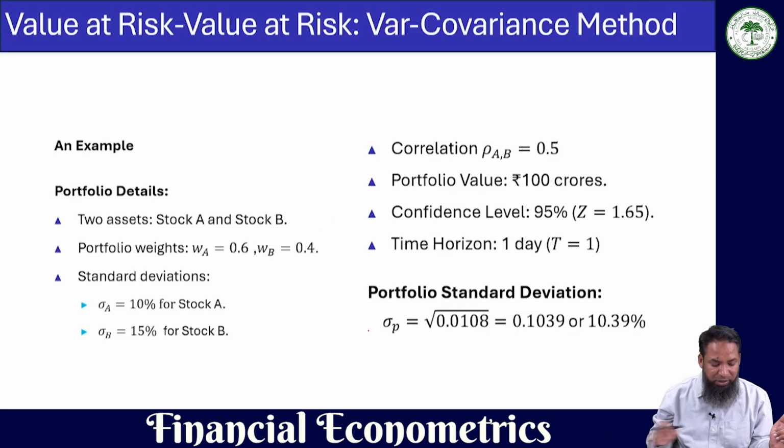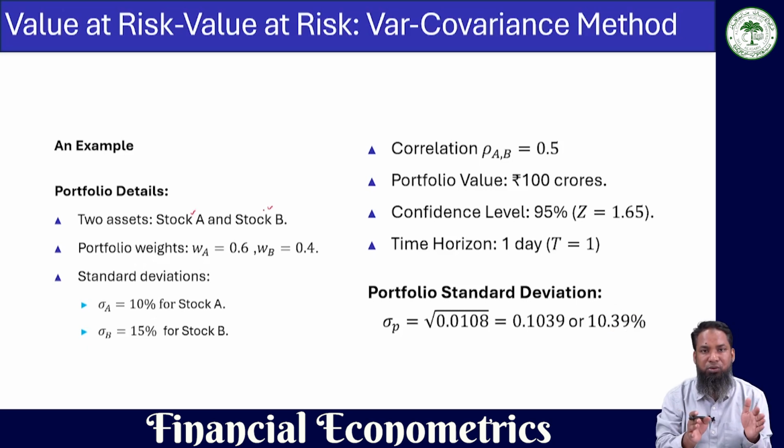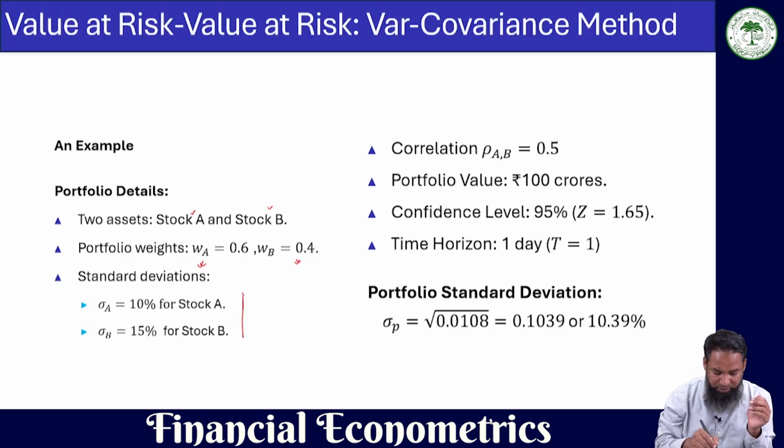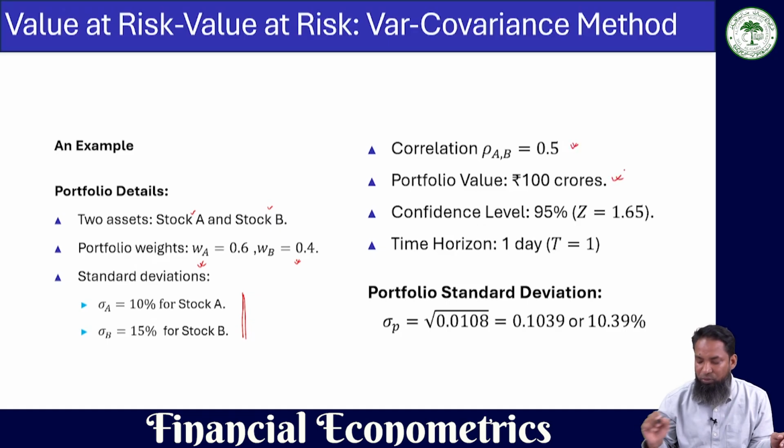For example, let us say we have a portfolio whose details are given. We have two stock assets, stock A and stock B, and combining those two we have created a portfolio, and the weights of the assets are 0.6 and 0.4, and these are the standard deviations of the individual assets. And the correlation matrix is given. The portfolio value is rupees 100 crore.